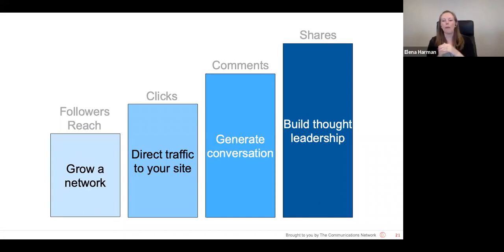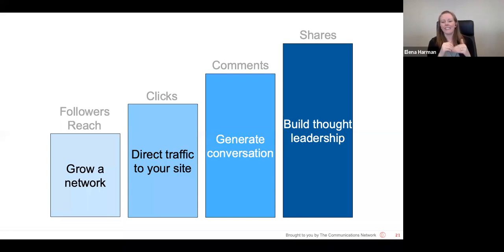So if you think about the ask behind each of these, reach is the lowest, right? It just shows up on your feed. That's what reach is, and so it's a really low bar of engagement. Click might be the next bar. Clicking is not a super hard thing to do. Commenting is a little bit harder, right? People are having to type something, and now that Facebook has made it so that your comments show up on your feed, it's become an even higher bar. Because, do you really want your friends to know that you commented on the cat video?